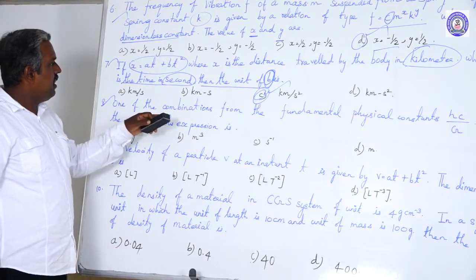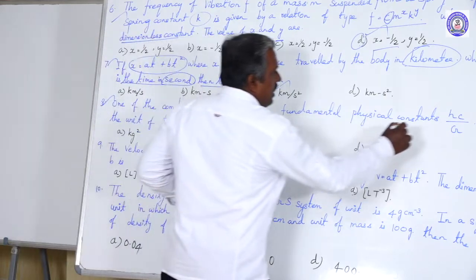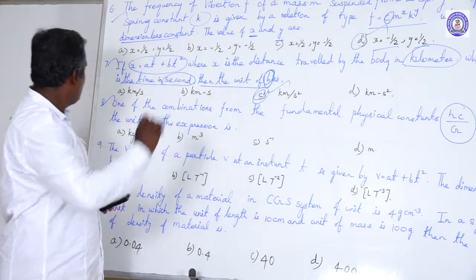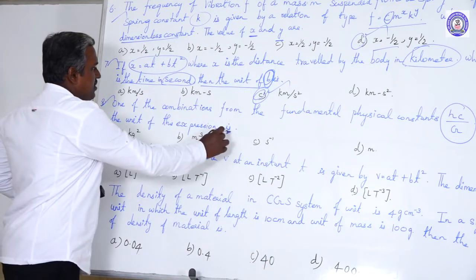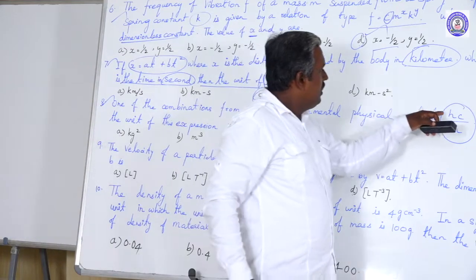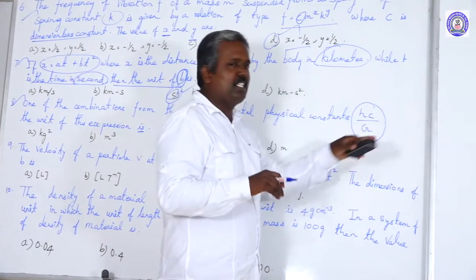One of the combinations from the fundamental physical constants, hc by G, another constant. The unit of the expression is, that means the unit of hc by G. What will be the unit of this expression?